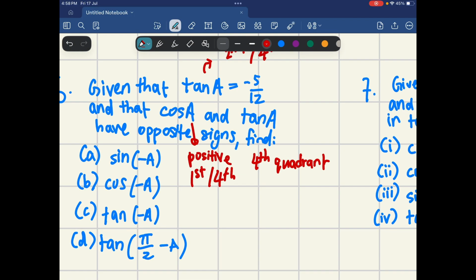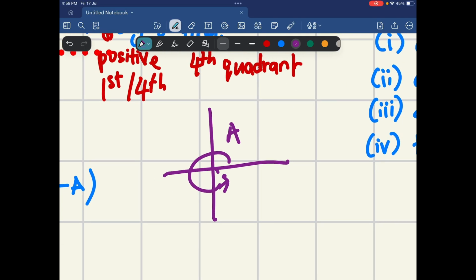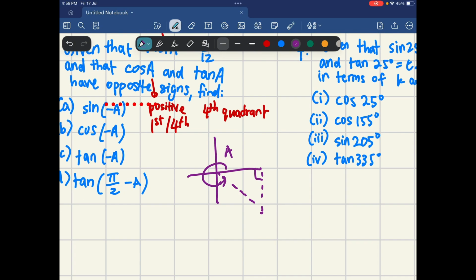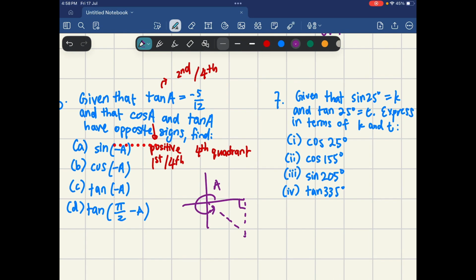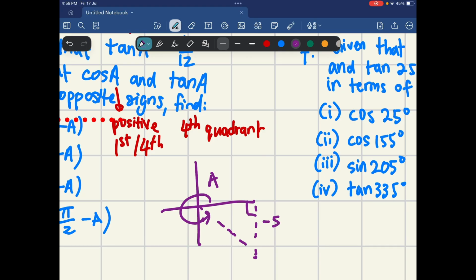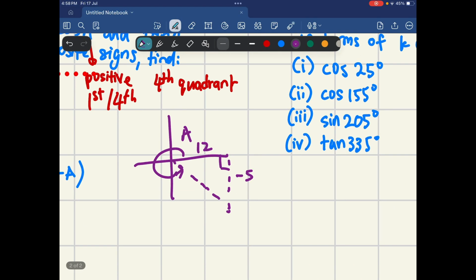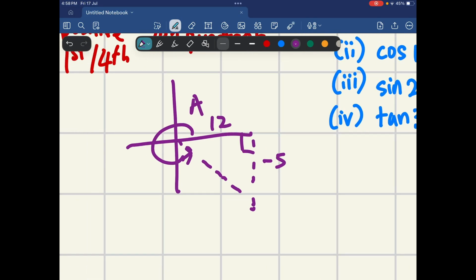So now we can draw out our diagram. And your reference angle will be here. So tangent is opposite over adjacent, minus 5 over 12. So we can find the hypotenuse to be 13.